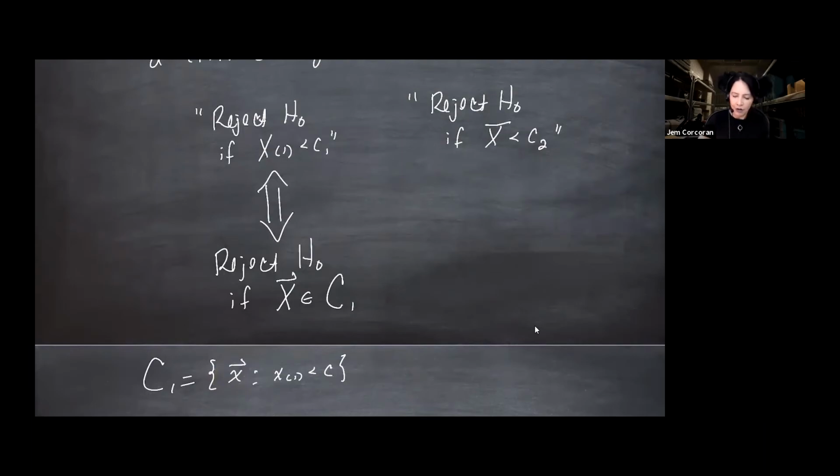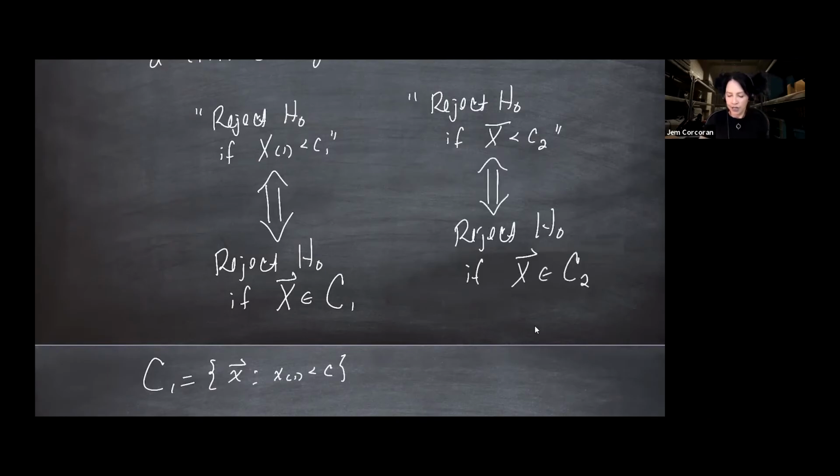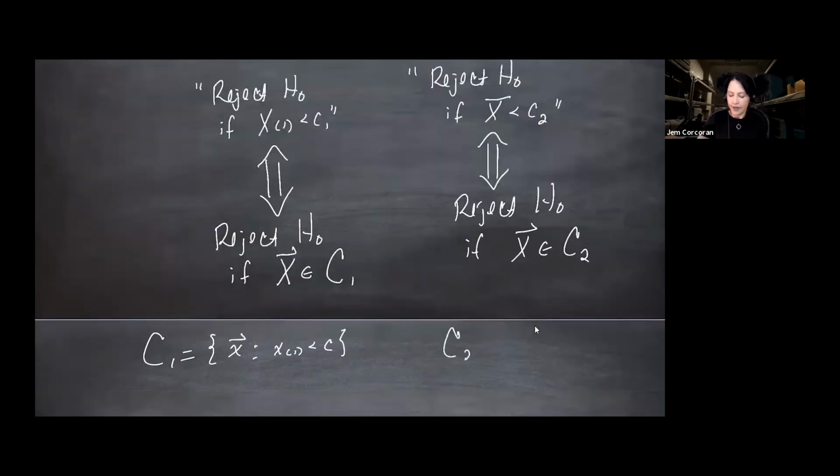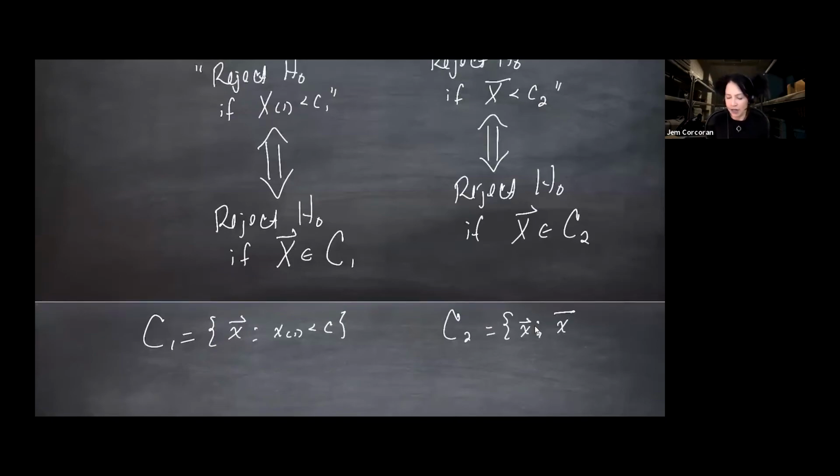And over here, this is going to be reject the null hypothesis if the vector X is in C2, where C2 is the set of vectors such that the mean is less than c2. I know that's probably a little hard to read because my first one's a vector and my second one is a mean. And I did mean for this first little c to be C1.